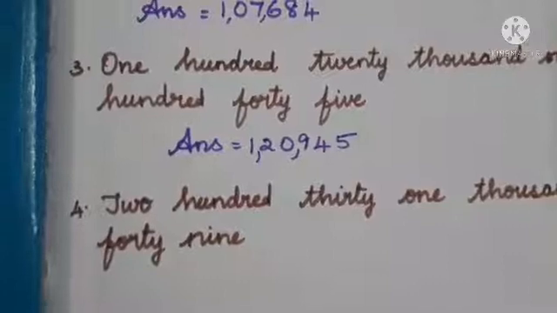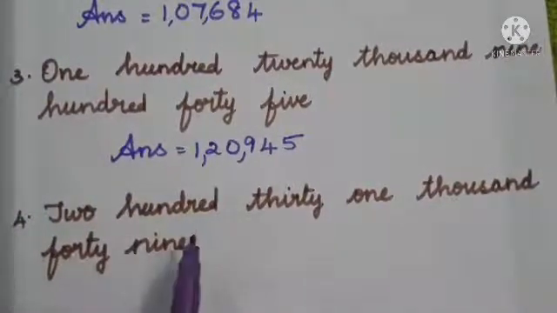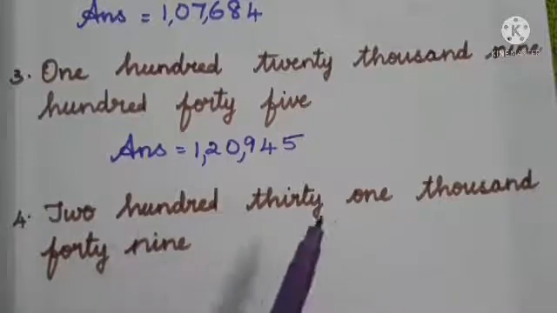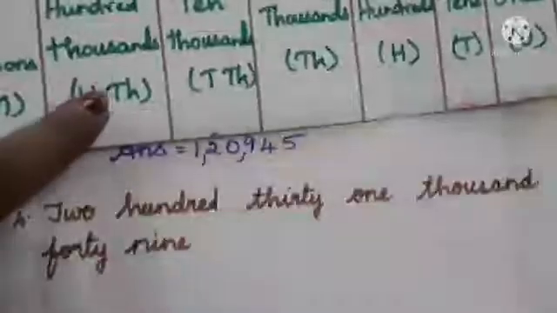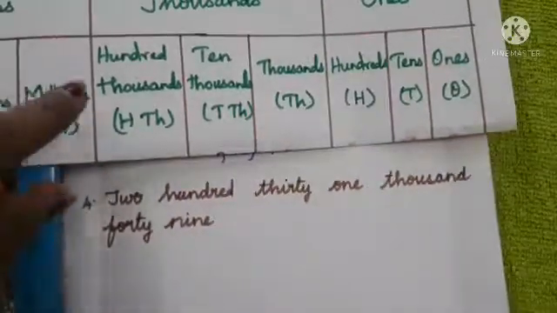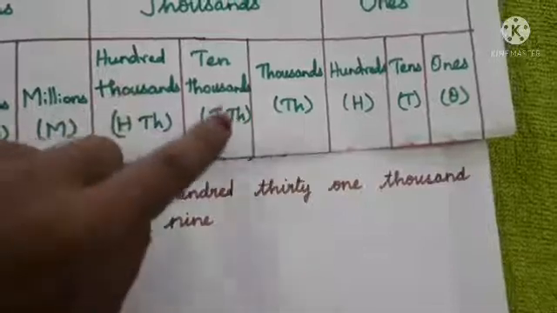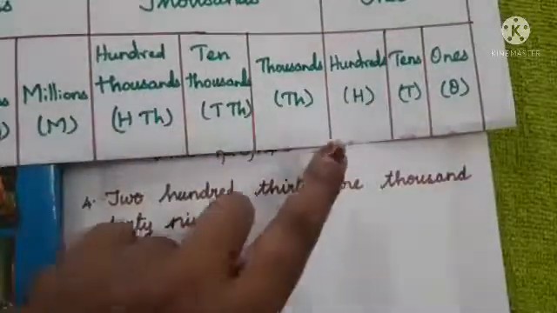So here we have 200, 231,000, that is 200 and 31,000. Next, what's the hundreds place value?